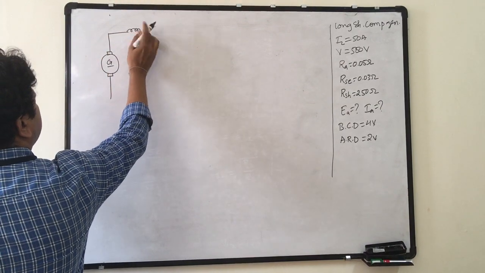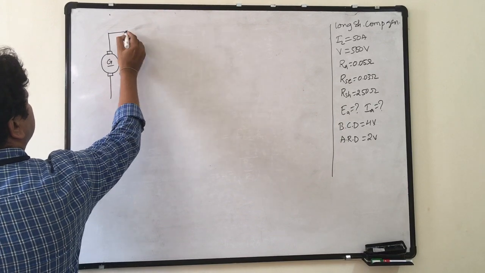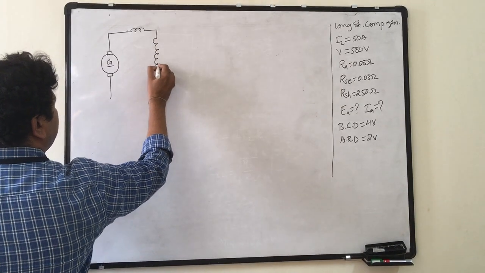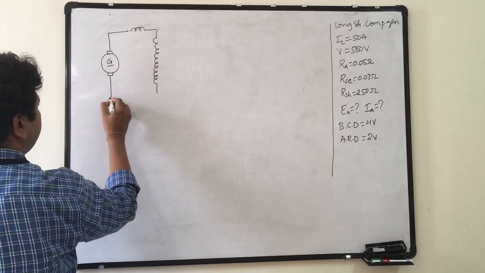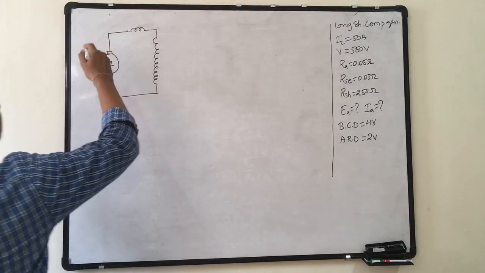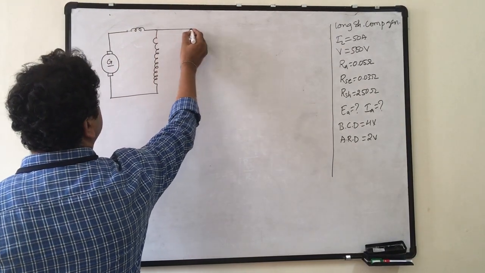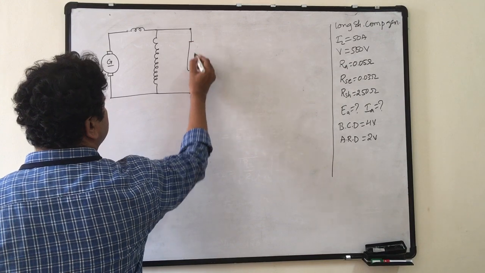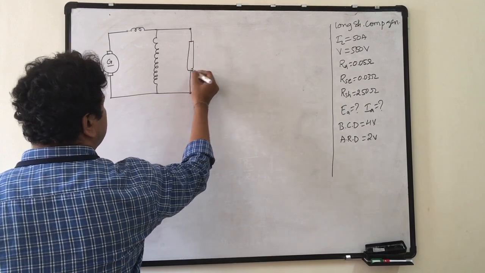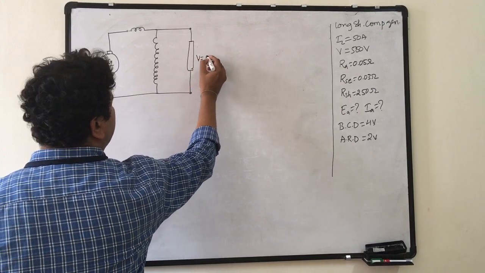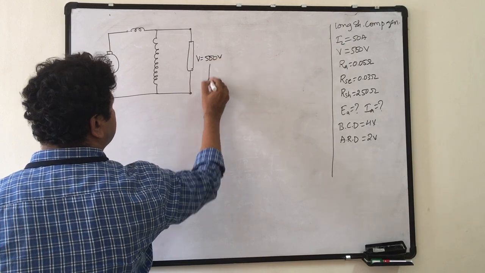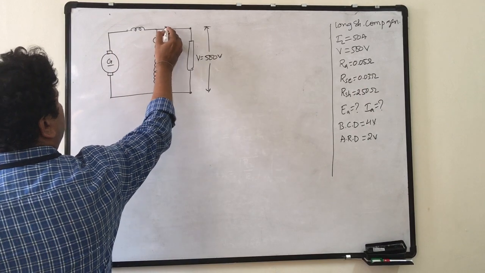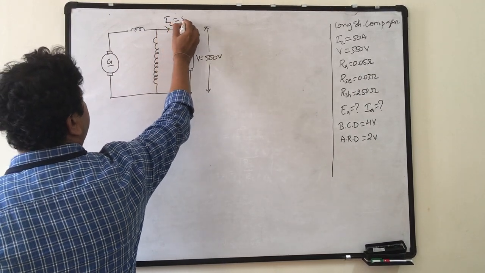It is a long shunt machine. So I will get the shunt field winding in parallel with the series winding and armature. My V is 500 volts, my IL is 50 amperes.